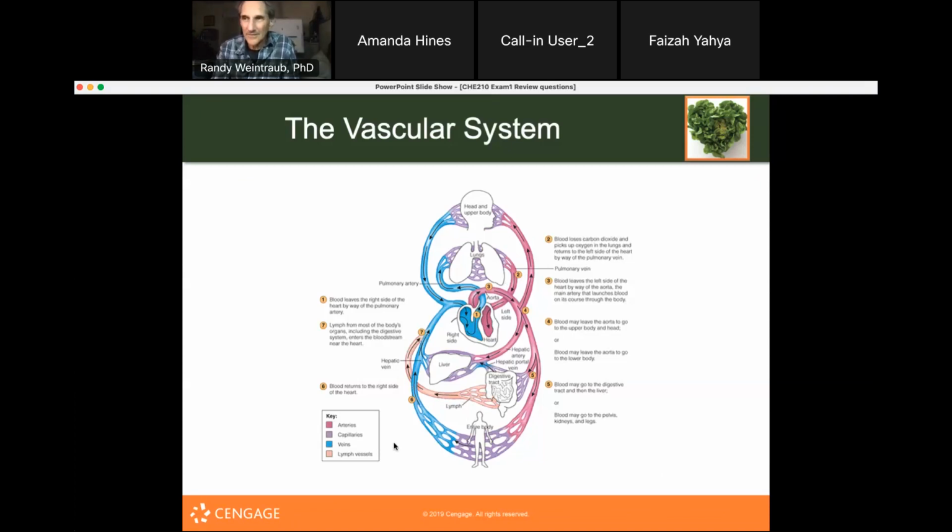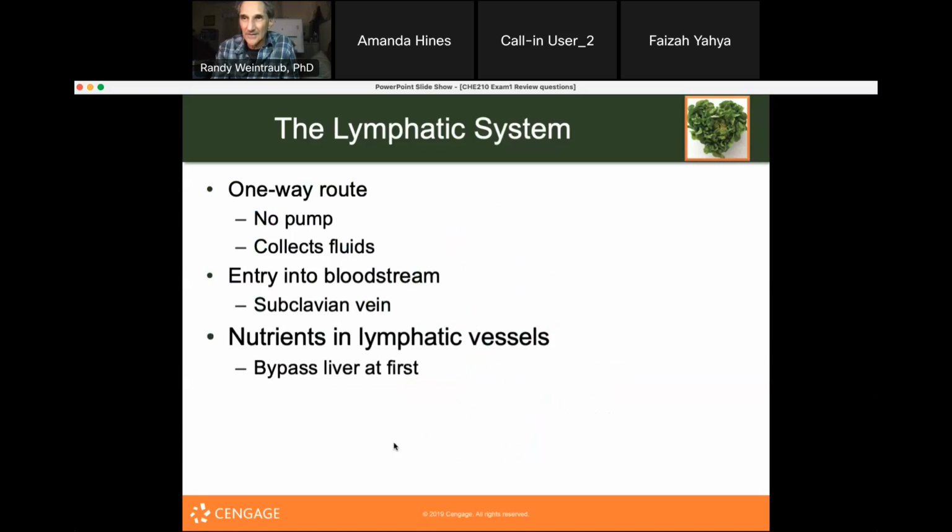And you might remember the lymphatic system is different than the vascular system, in that there's not a pump like the heart, but it just moves around by what's put into it.